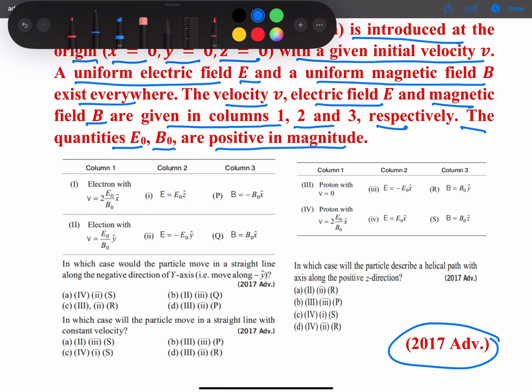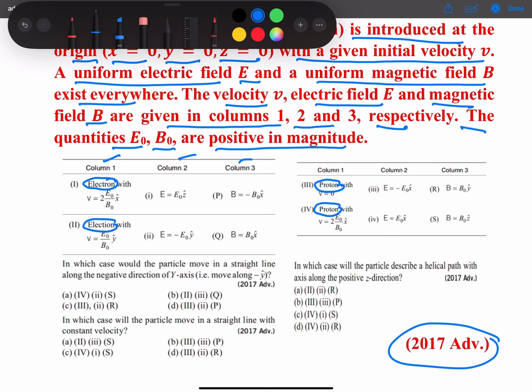So we have 3 columns, 1, 2 and 3, and we have 2 particles. One is an electron and another one is a proton. So we have 2 things that are associated with electron and 2 things that are associated with proton.